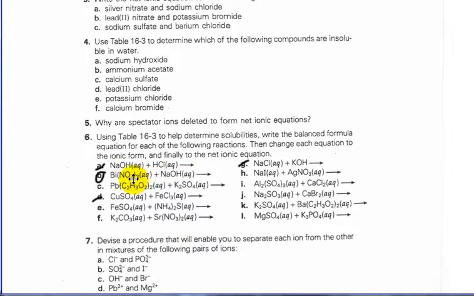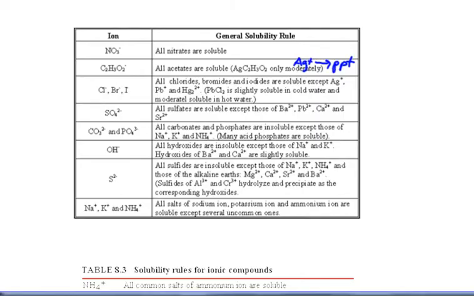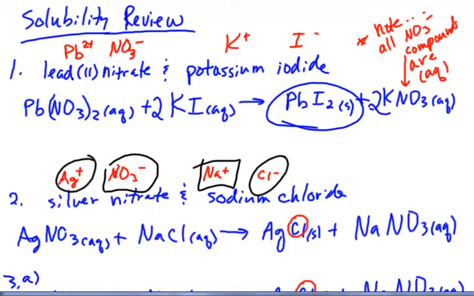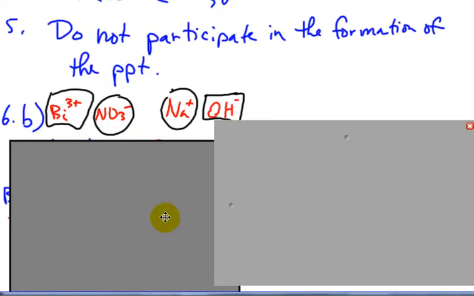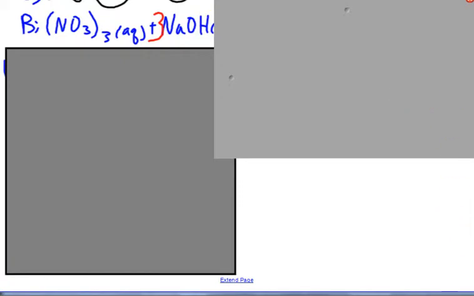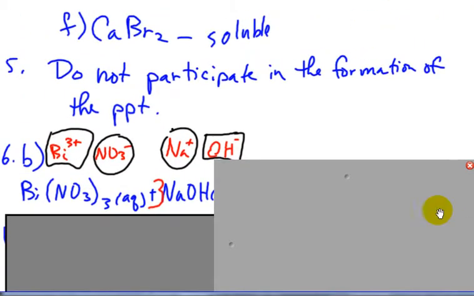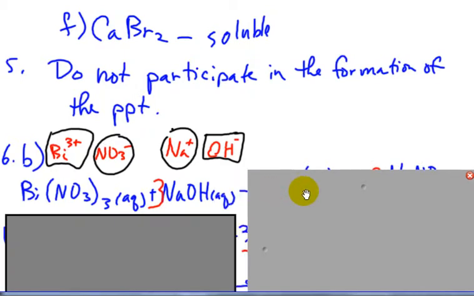Notice that we have 3 nitrates here, so that implies that this bismuth ion must be plus 3 as a charge, because we need 3 nitrates with it. That kind of gives you a hint. Even though bismuth isn't on the pink sheet, it tells you what the charge must be. Since we need 3 of these to balance a bismuth, it must be bismuth 3. Sodium hydroxide, NaOH, that's relatively straightforward.